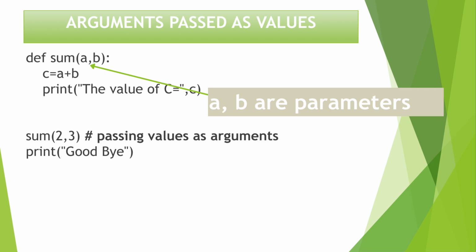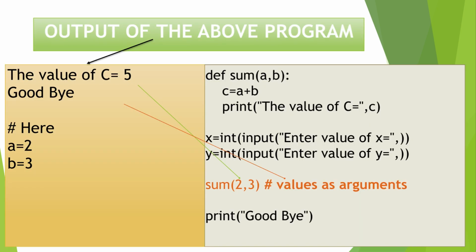So the user is not asked to enter the value for any variable, and we simply pass the values to the function sum and then copy them to the variables a and b. So see the output of this program. You can see here that 2 is copied to variable a, 3 is copied to variable b. Both values are added together and the result is stored in the variable c. So the value of c is 5 this time.